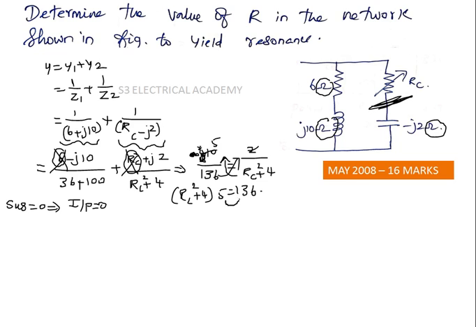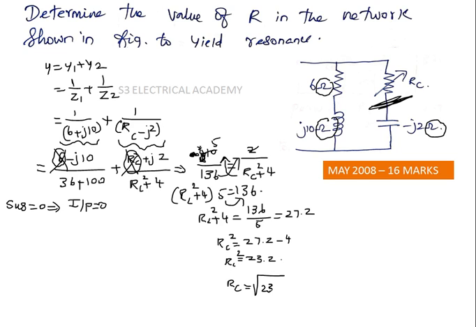So 5 comes here: RC square plus 4 is equal to 136 by 5, which is equal to 27.2. So RC square is equal to 27.2 minus 4, which is equal to 23.2. So RC value will be equal to root of 23.2, which is equal to 4.816 ohm. So question number 2 also over.